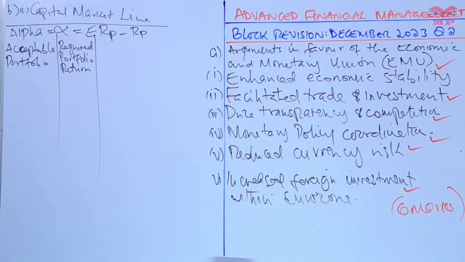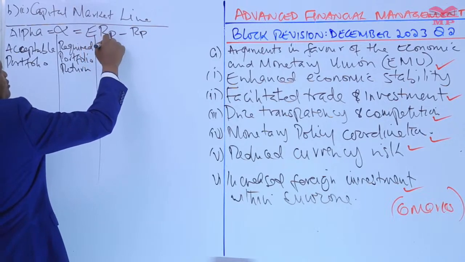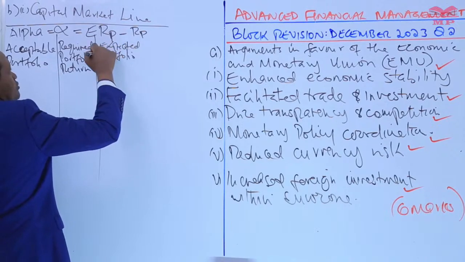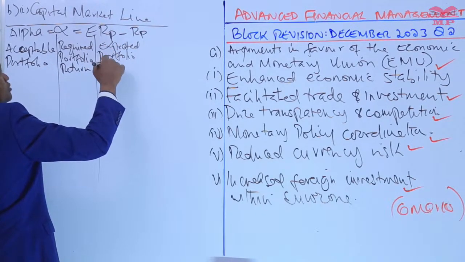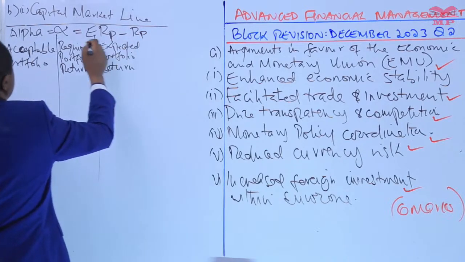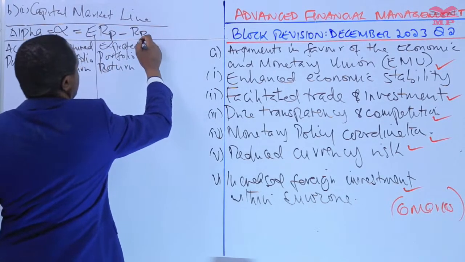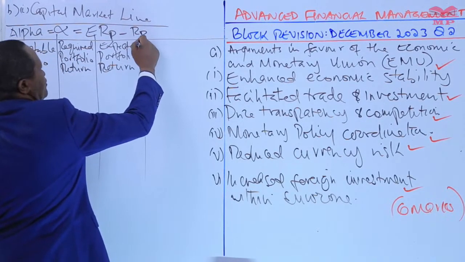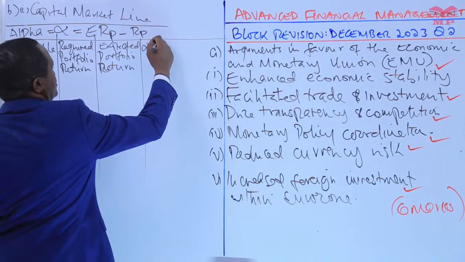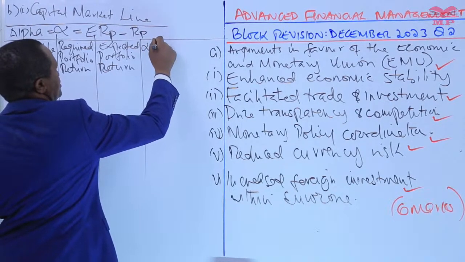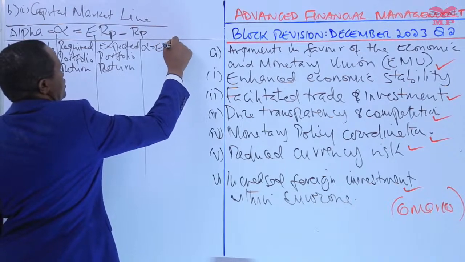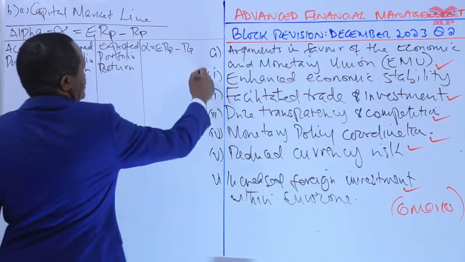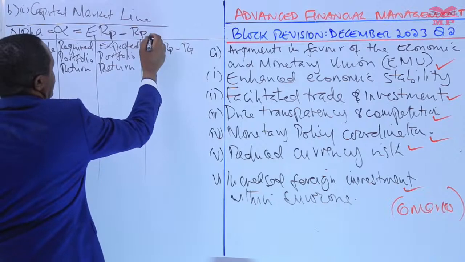Another column will be on the expected portfolio return. Then we'll have the alpha, which you have said is equal to the expected return on portfolio minus the minimum required return. So that will give us the alpha.